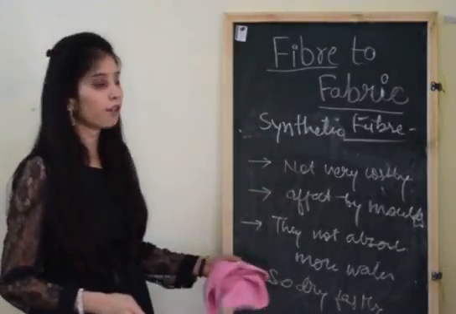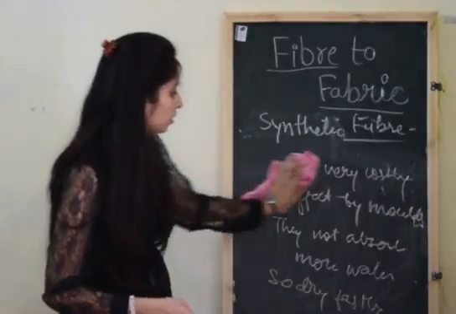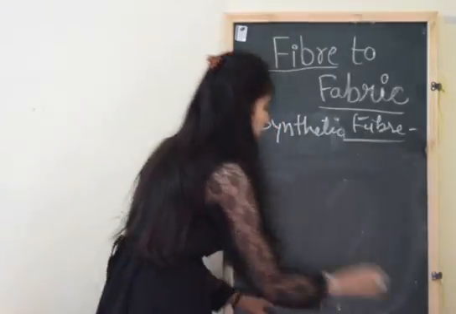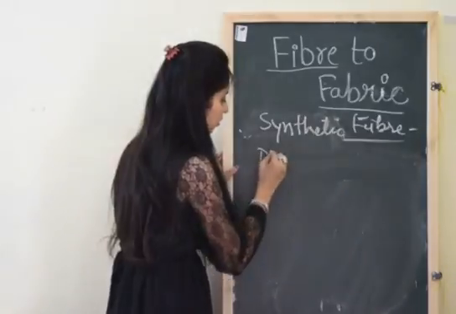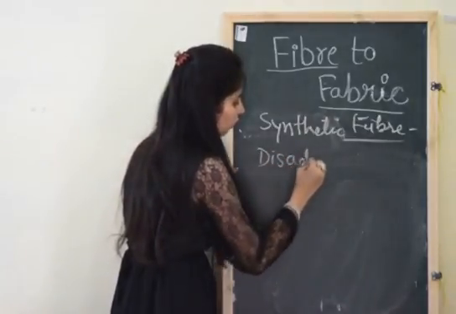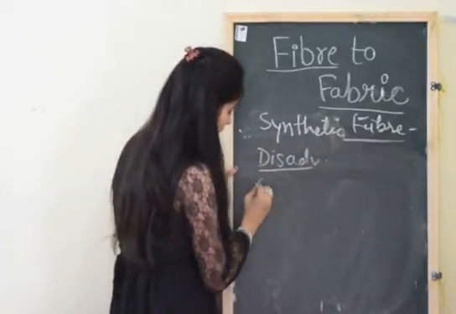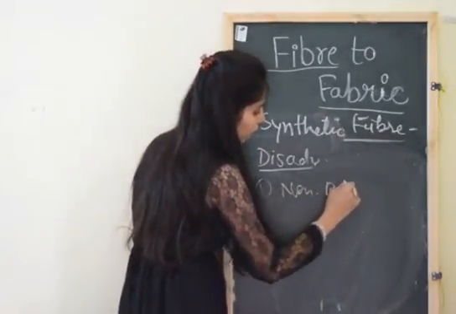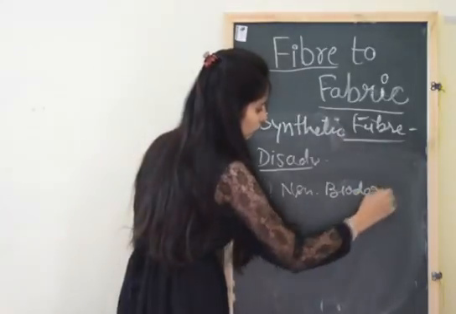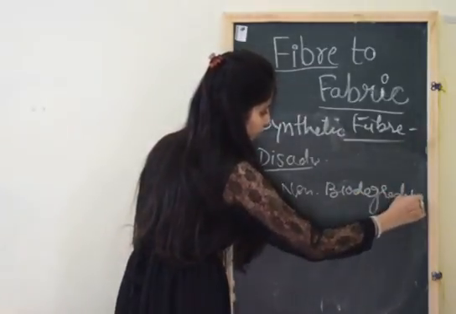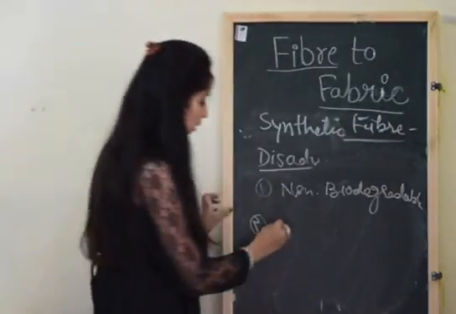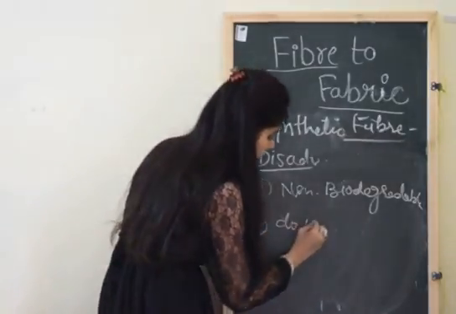Now what are the disadvantages of synthetic fibers? The first disadvantage is that they are non-biodegradable. They do not pass air through them.